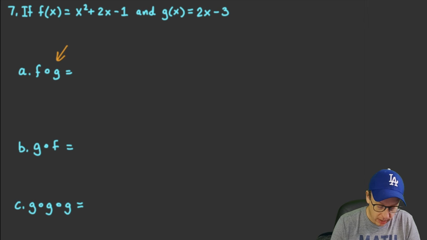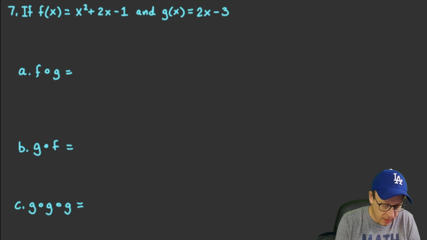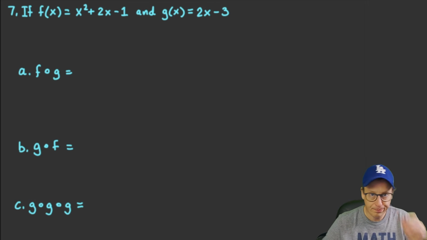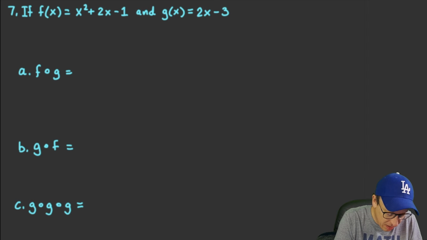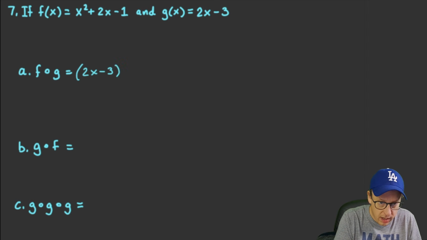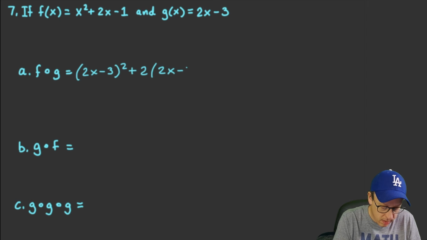And so let's take these two functions and combine them together to basically solve the problem. Okay, so this is going to turn into 2x minus 3 squared plus 2x minus 3 minus 1.